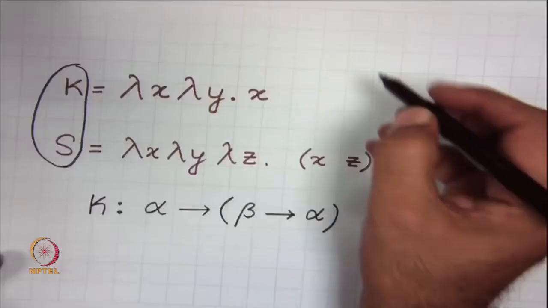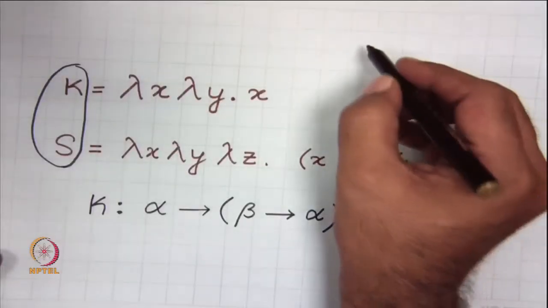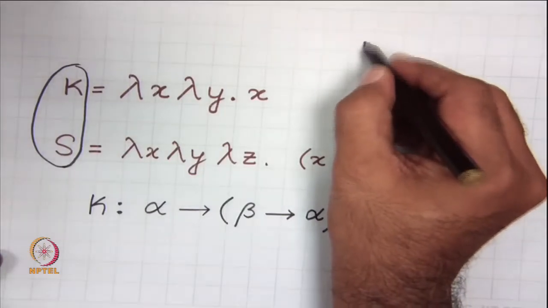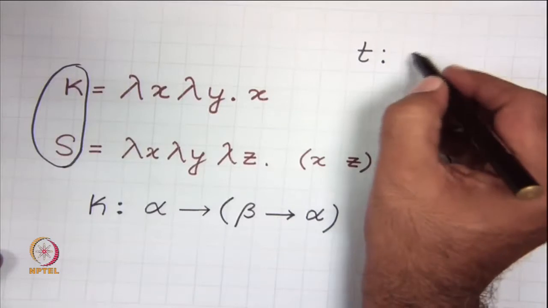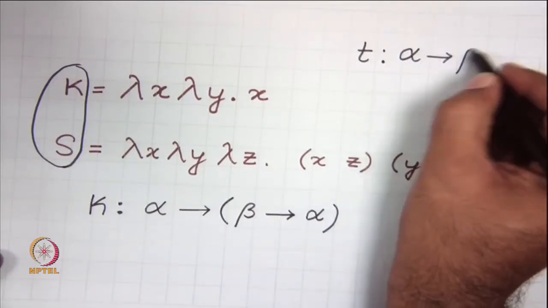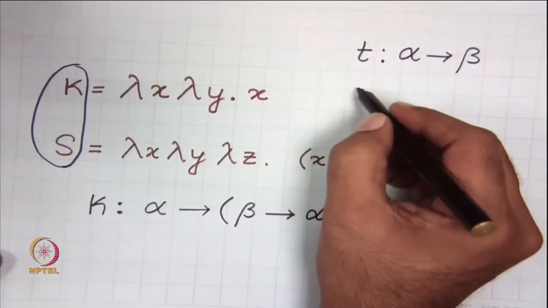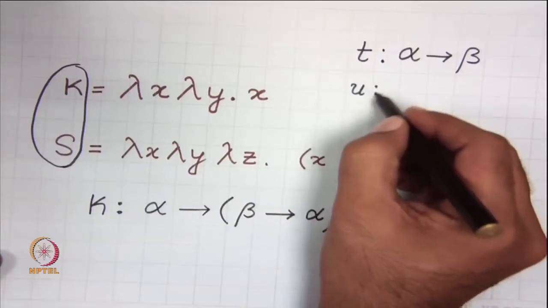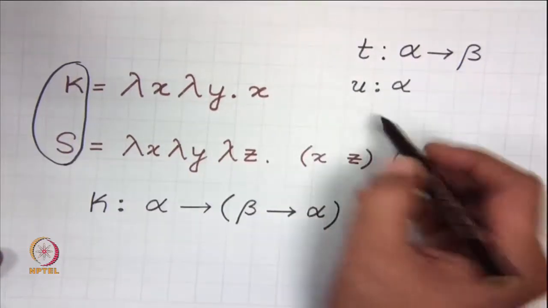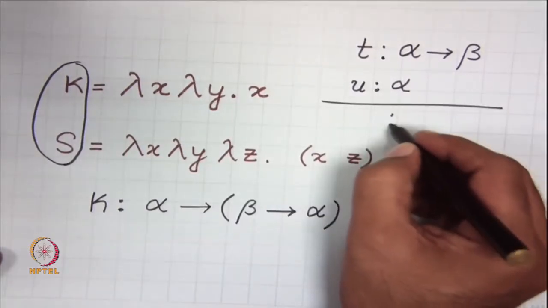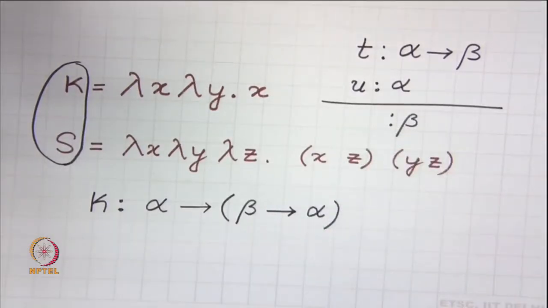What is amazing about this? You take any lambda term T which is of type alpha arrow beta, and you apply it to some term u which is of type alpha, and what you get is an element of type beta, right.